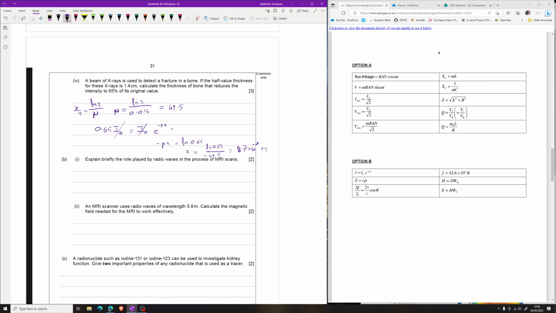Radio waves of correct frequency or wavelength cause aligned nuclei to flip and become anti-aligned with the background magnetic field.